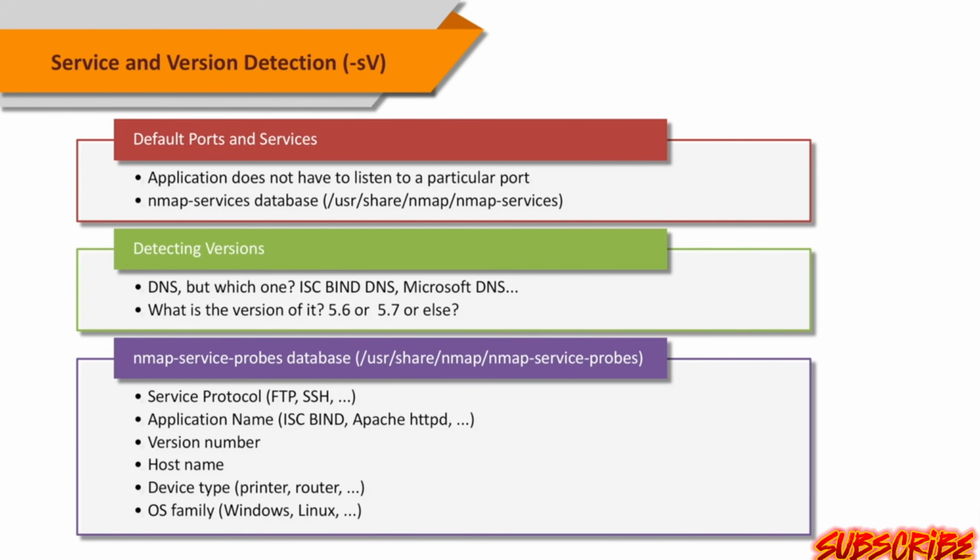Using its Nmap services database of about 2,200 well-known services, Nmap would report that those ports probably correspond to a mail server (SMTP), web server (HTTP), and name server (DNS), respectively. This lookup is usually accurate.